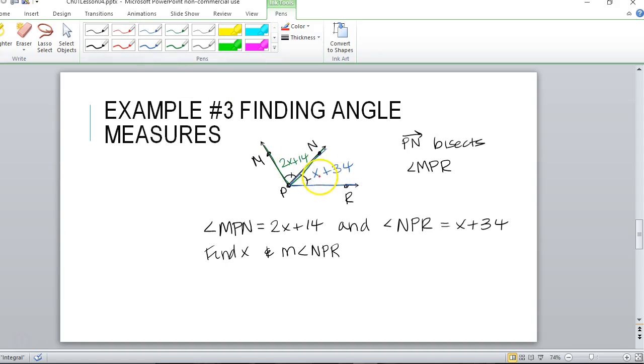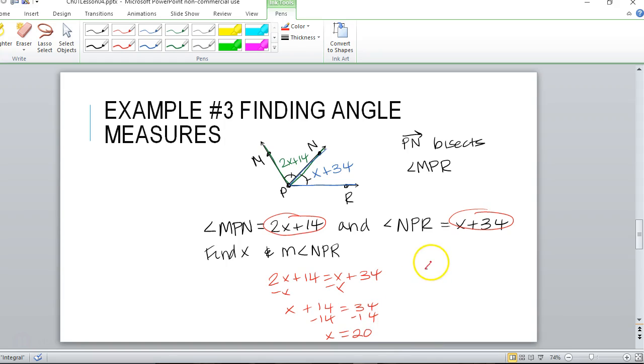Well, because these two angles are congruent angles, they are equal in measure, which means since we have their measures, even though it's an expression, we can set these two equal to each other and solve. So solving that equation, subtract x from both sides. Let's get our x's to the left, and let's get our numbers to the right. So x is 20.